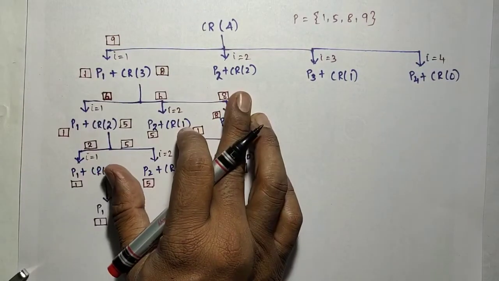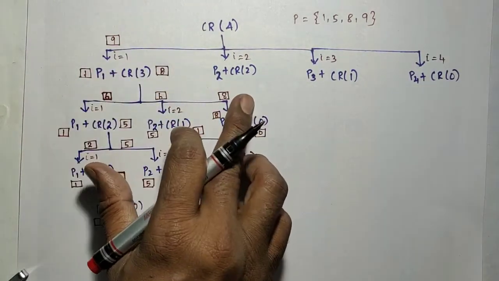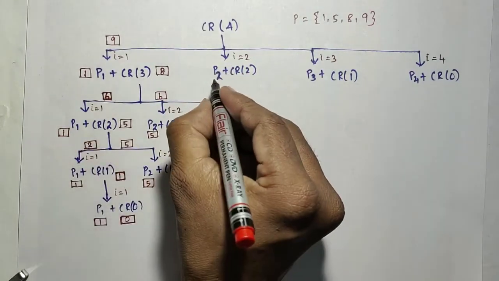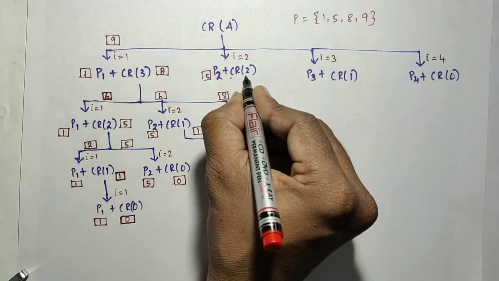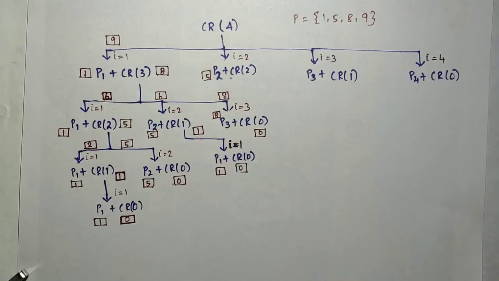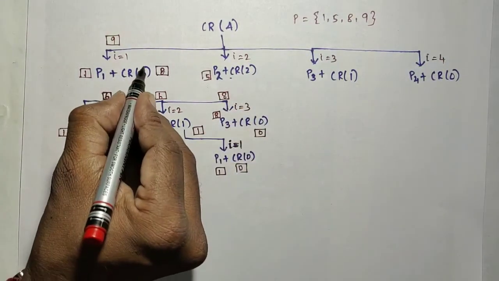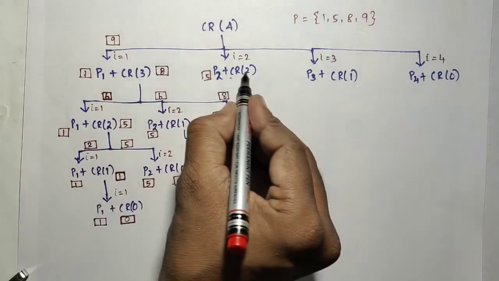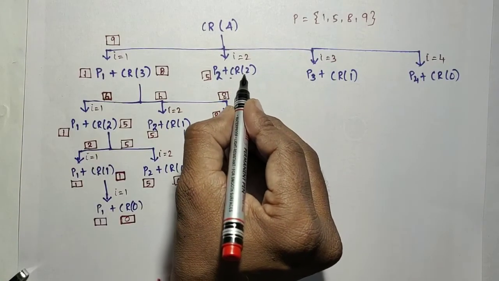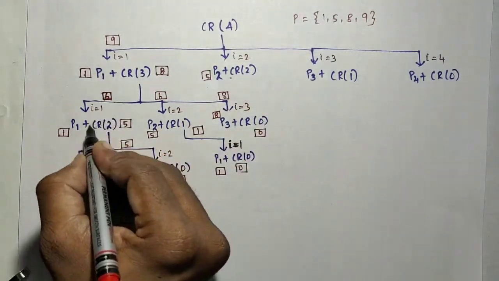Next it will go to that branch. So when we go to that branch, the P2 price is 5. Again CR of 2, which is a recursive call. But for finding CR of 3, CR of 2 is already solved, correct?